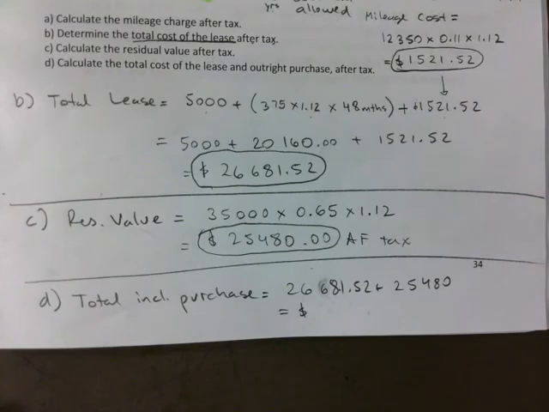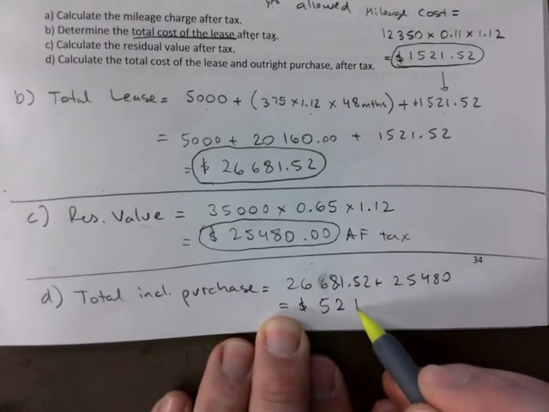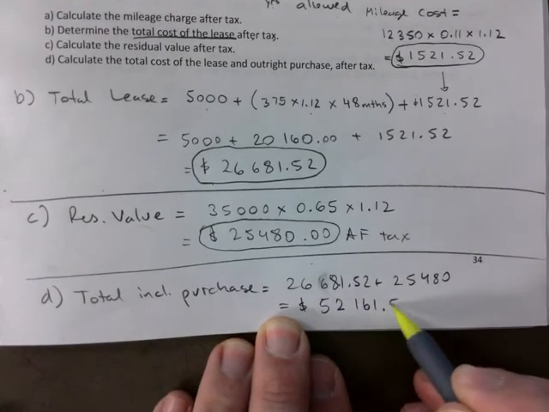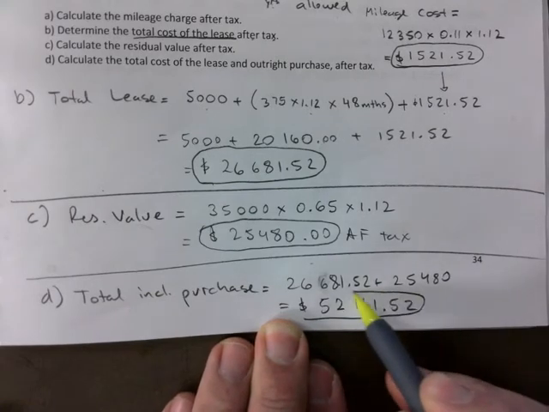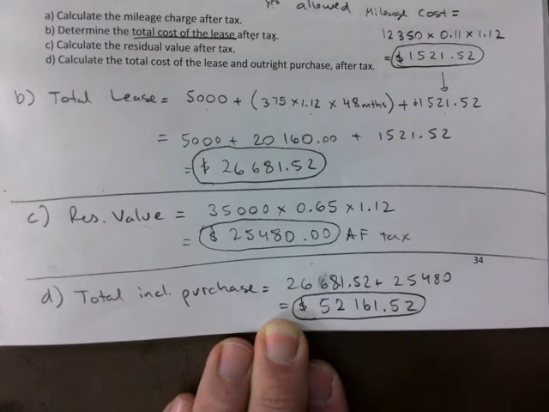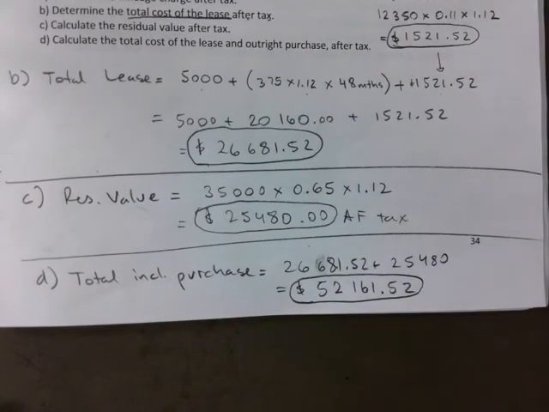And I still have the 25,480 on my screen, so I'm just going to add the other one. So there it is, 52,161.52. And there's that question.